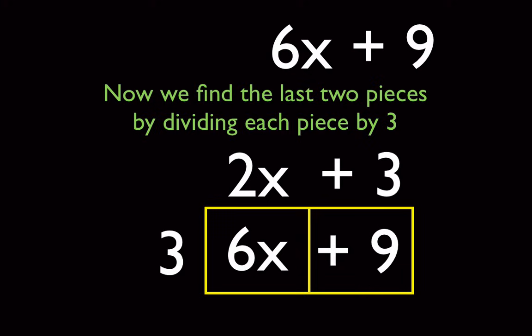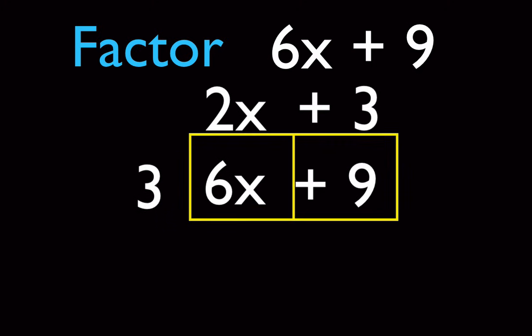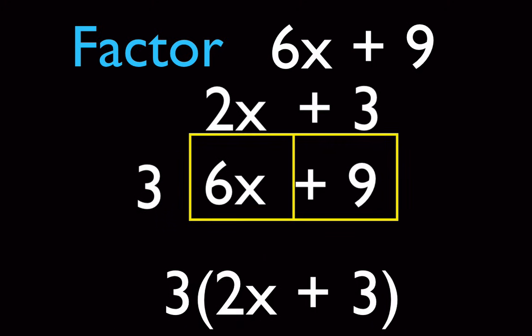Once you get to there, you're not quite done. All you have left to do now is write it as a parentheses problem. 3 parentheses 2x plus 3. Whatever ends up on top goes inside the parentheses as if there was a parentheses on each side, and the number on the outside on the left goes outside the parentheses.